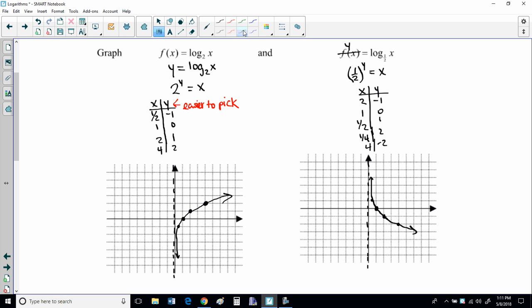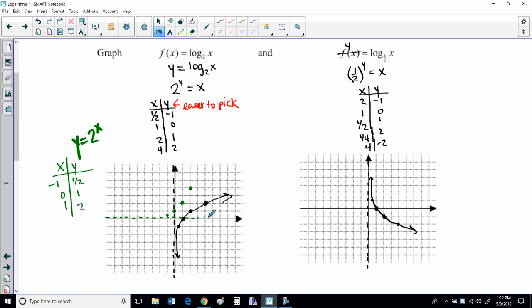So if you were to graph y equals 2 to the x: -1, 1/2, 0, 1, and then 1, 2, and then 2, 4, and then it gets a horizontal asymptote.